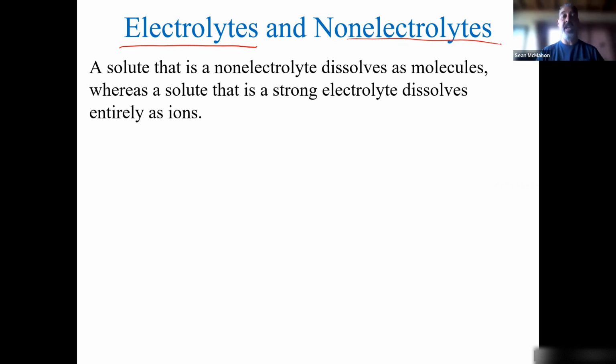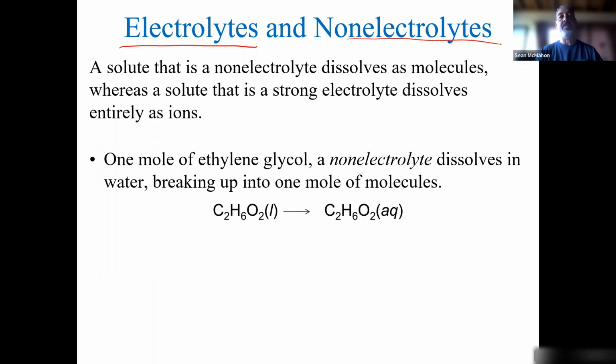Non-electrolytes, right? They can also dissolve as molecules as long as they're polar, okay? So we've talked about that. So let's look at it, as a review, in terms of what type of electrolyte this solution will be. So here's an example of ethylene glycol. It's polar, so it can dissolve in water, but even though this says aqueous, because this is a covalent molecule, it will not break apart into ions.